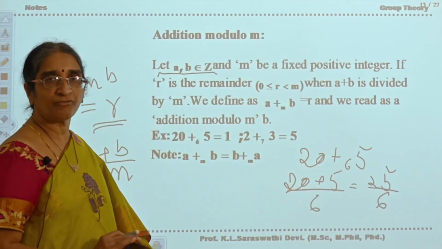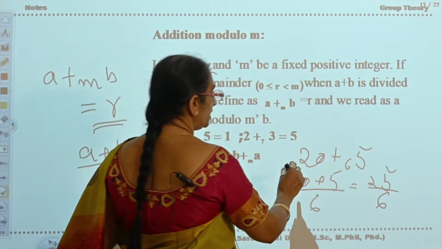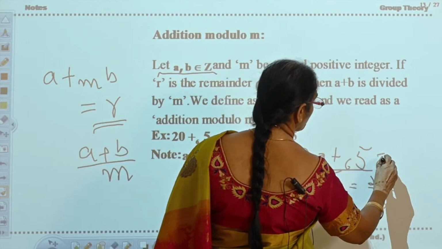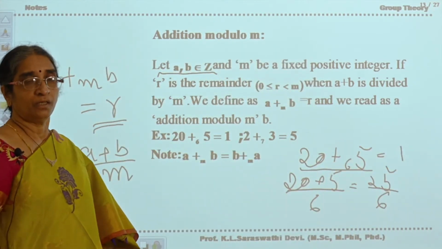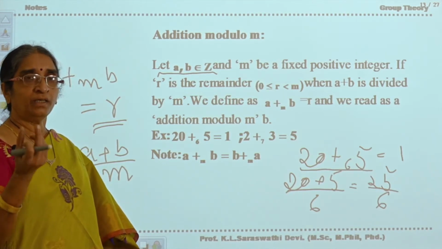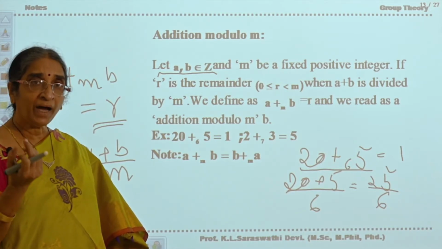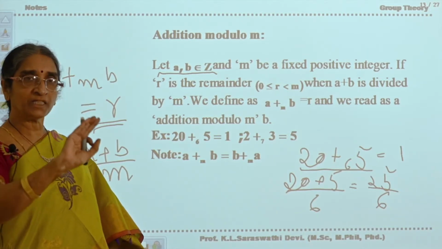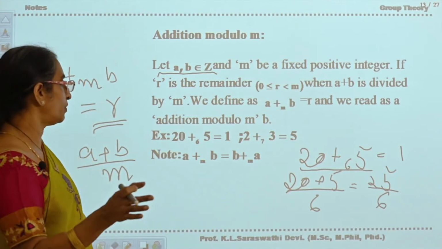So 20 addition modulo 6, 5 has the value 1. Is it clear? If you take two elements a and b, a addition modulo m b means the remainder obtained when a plus b is divided by m. That is the addition modulo m.